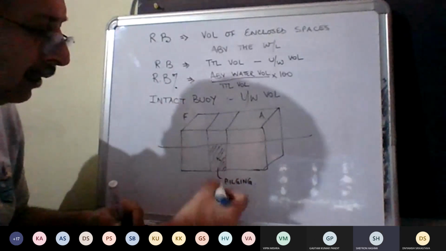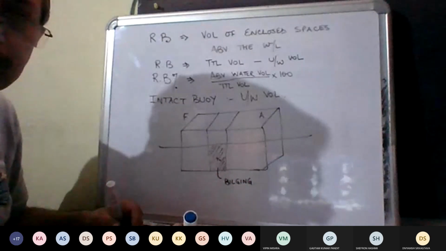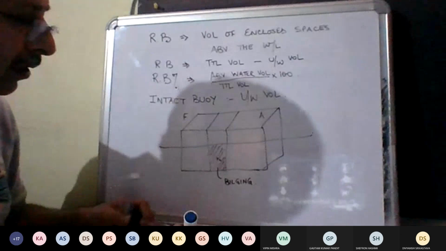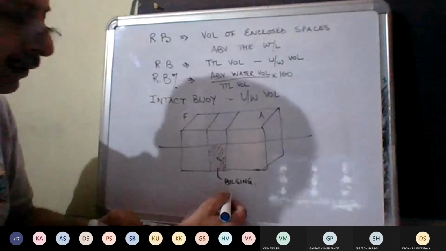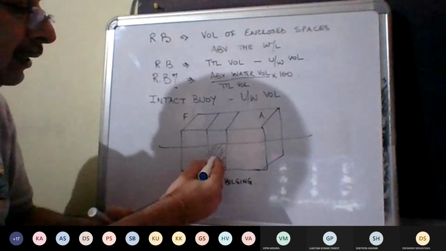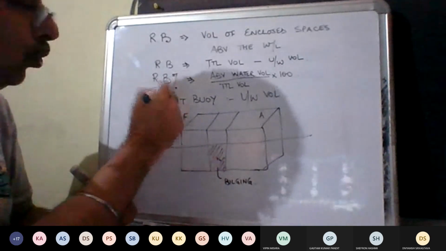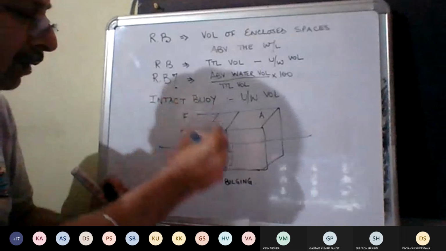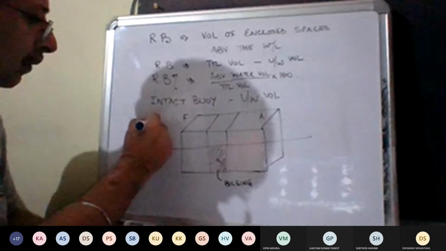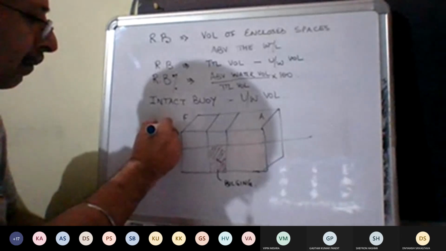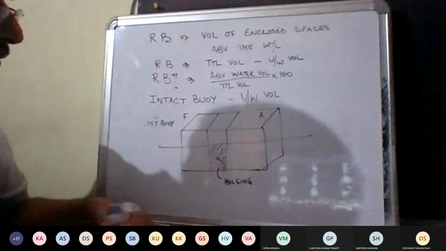This process is called bilging. And if bilging happens, then my intact buoyancy is no longer intact, but it becomes lost buoyancy. Buoyancy is lost.